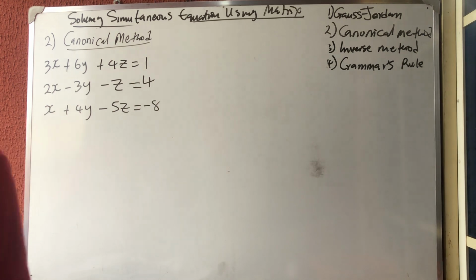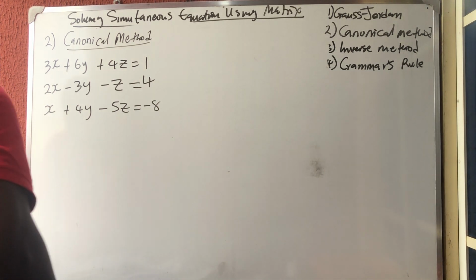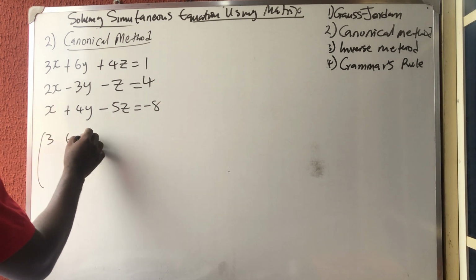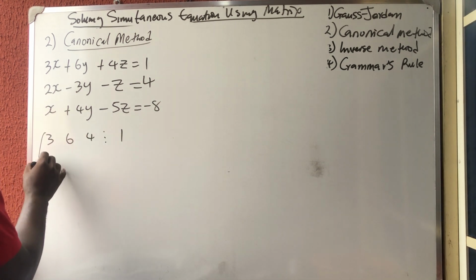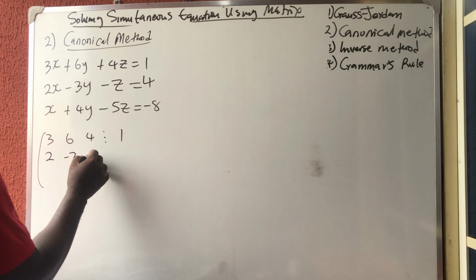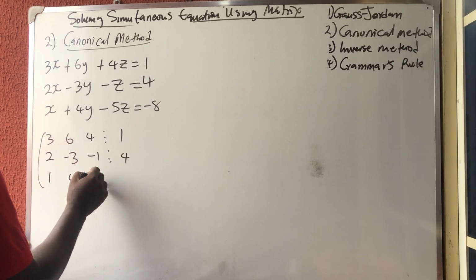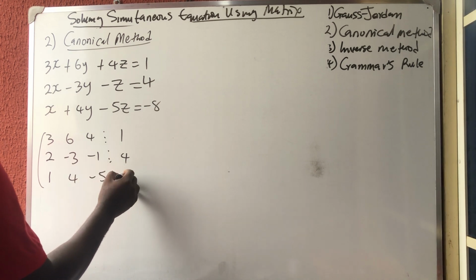Minus 8. So let us do that. The first thing you do is bring them out the way we normally bring it out. That is 3 6 4 dot dot dot 1, 2 minus 3 minus 1 dot dot dot 4, 1 4 minus 5 dot dot dot minus 8.